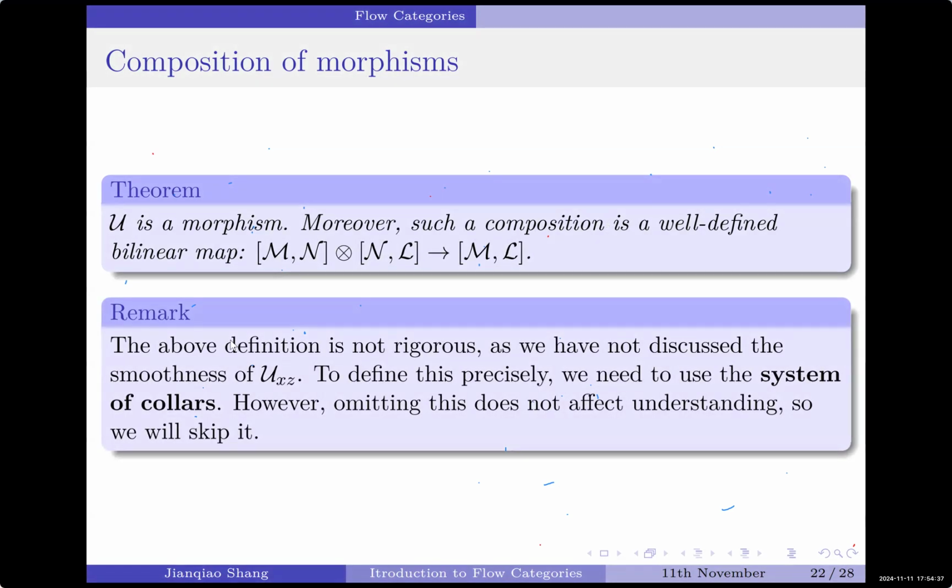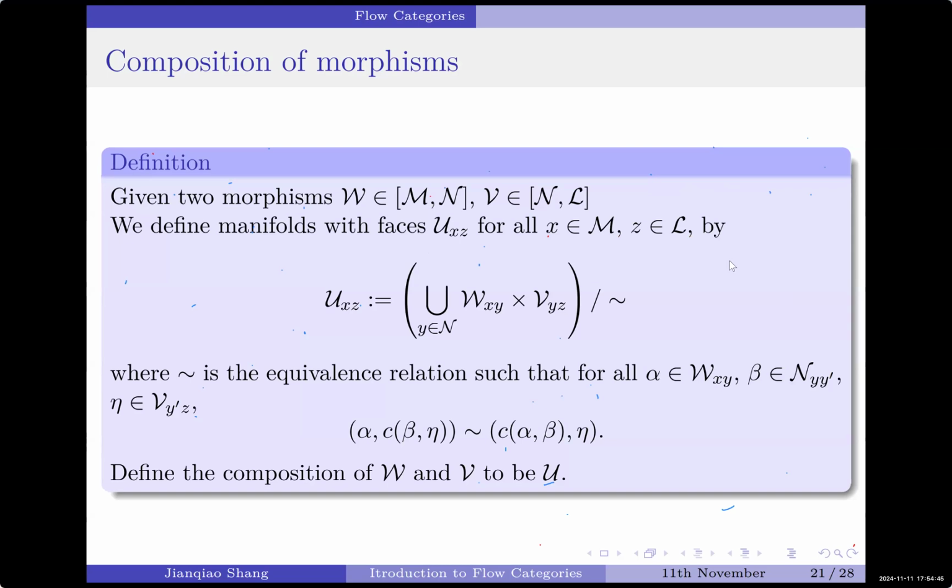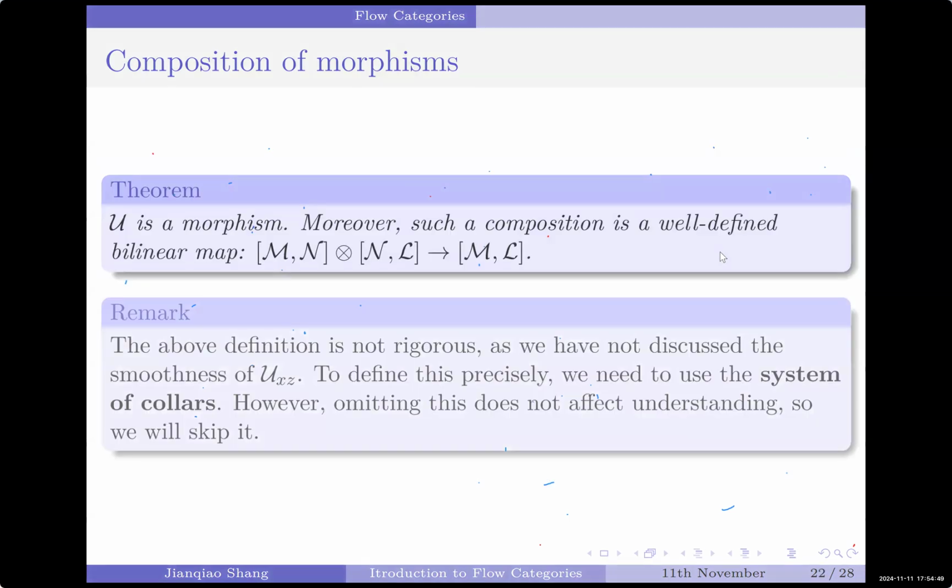Now a remark: all we did here, such a gluing, we did topologically. But that's not what we want. We want to glue everything smoothly. That's why in the paper they introduced the system of collars. But to read that paper, we don't need to understand it totally.